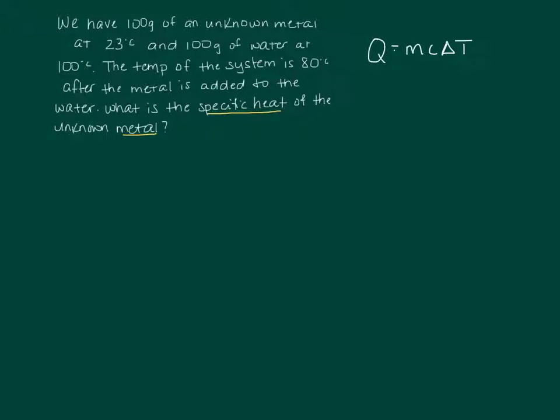Well, we can try to plug all of our information in for our metal and see what we come up with. So our Qm, the m just denotes that this is the equation for metal, is going to equal my mass of my metal times my specific heat of my metal, which I'm trying to find, times my temperature change of my metal.